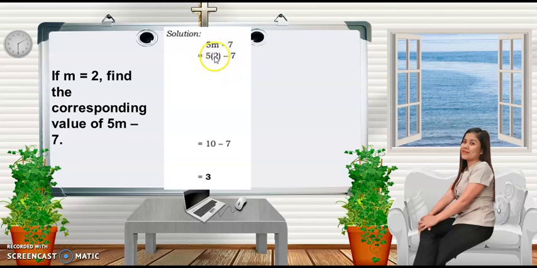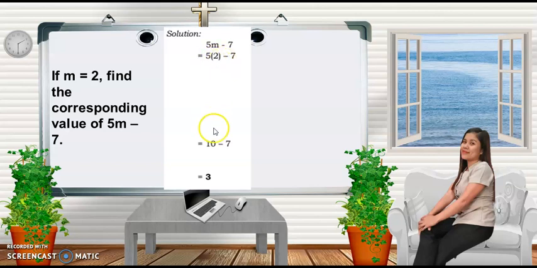Instead of writing m, we put the value of m, which is 2. Again, there is no plus or minus between 5 and m in the given, thus the operation is multiplication. That is the reason why we enclose 2 with parentheses, because parentheses is a symbol of multiplication besides the dot.